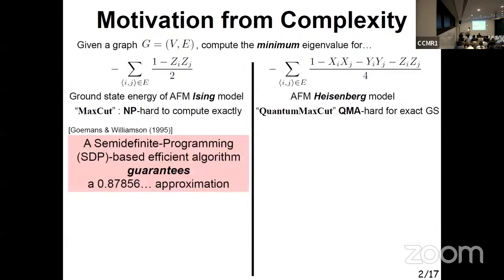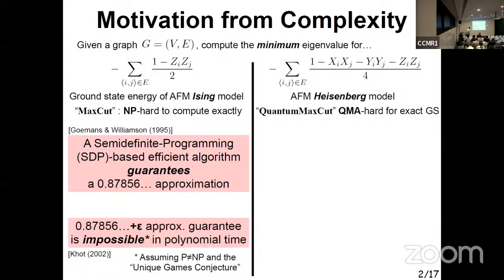We furthermore know that the celebrated Goemans-Williamson algorithm gives you an approximate ground state with this 87% approximation ratio. So that's really nice. But even nicer is that if you ask for anything epsilon better than this approximation ratio, then it is impossible to do that in polynomial time, assuming P does not equal NP and the Unique Games Conjecture. So there's a really clear threshold in the classical case at this 87% value.